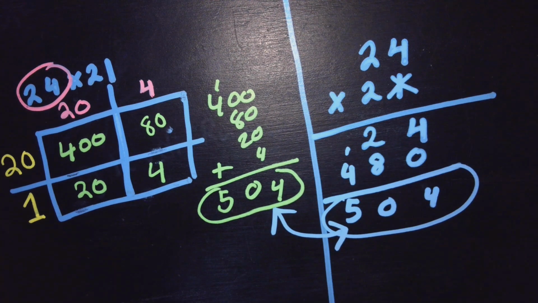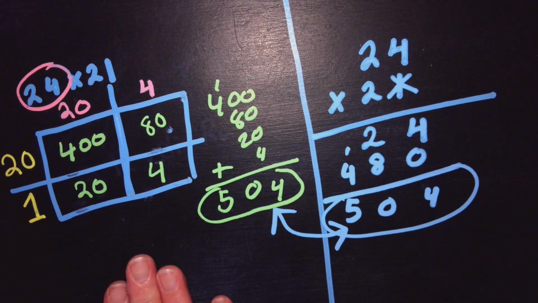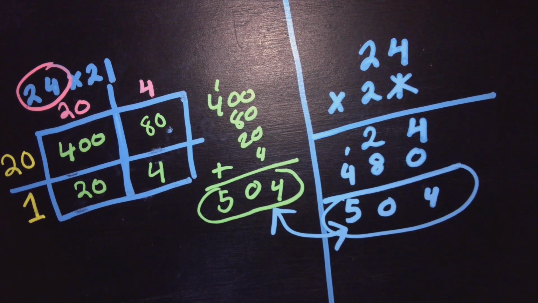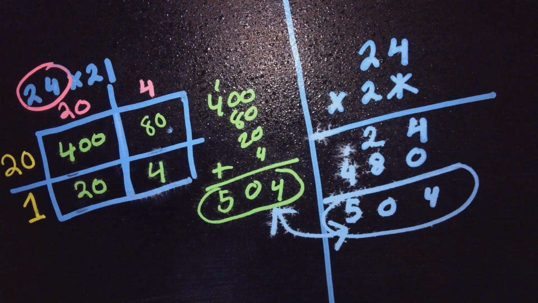You are going to be doing these problems both ways today. You're going to be doing the standard algorithm and you're going to be doing the area model. So I'm going to give you a couple more examples and then I'm going to give you an assignment. So let's do another one.